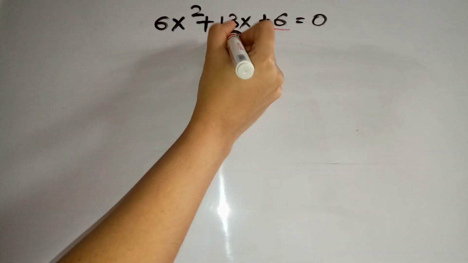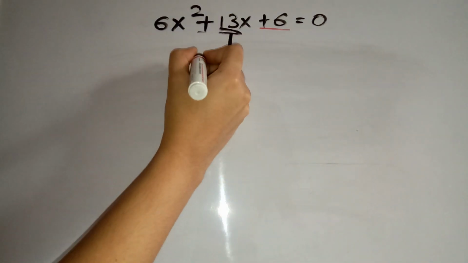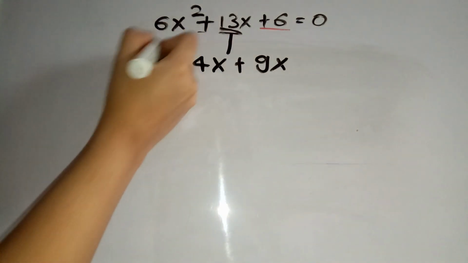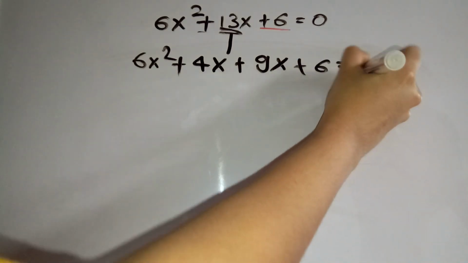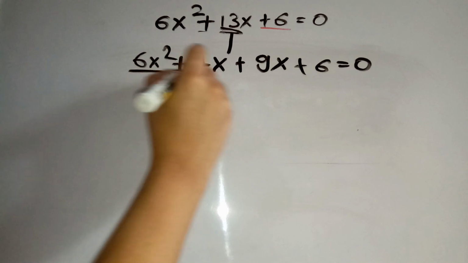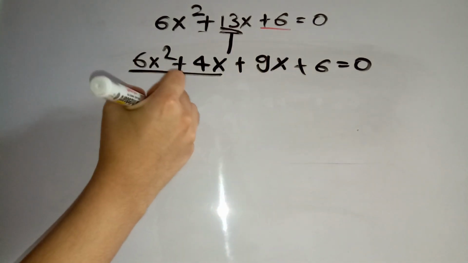So now I can replace this 13x as 4x plus 9x, right? And the remaining 6x square plus this plus 6 is equals to 0. Now here, from the first two terms I can take 2x common, right?